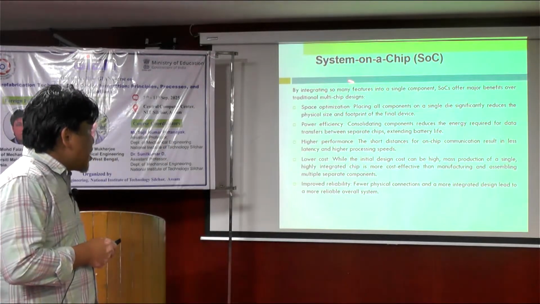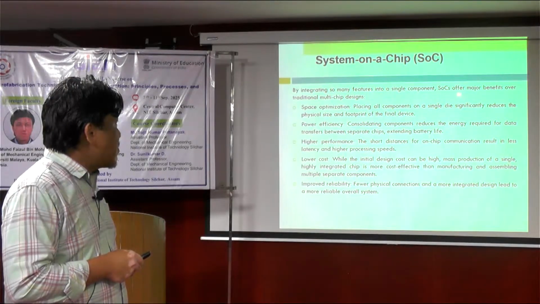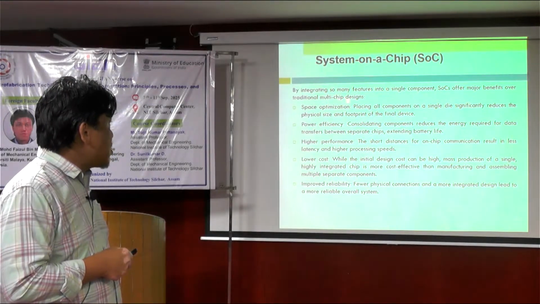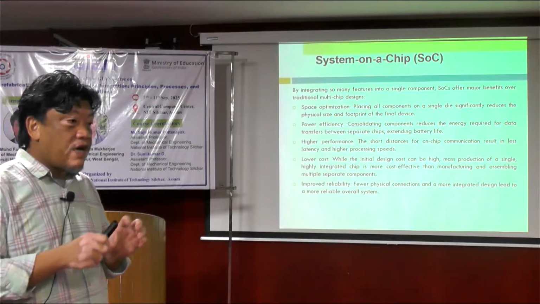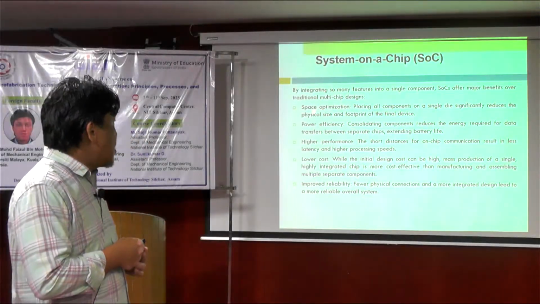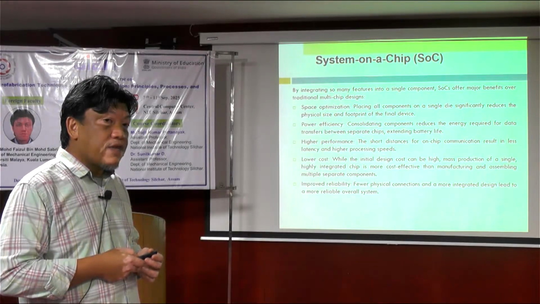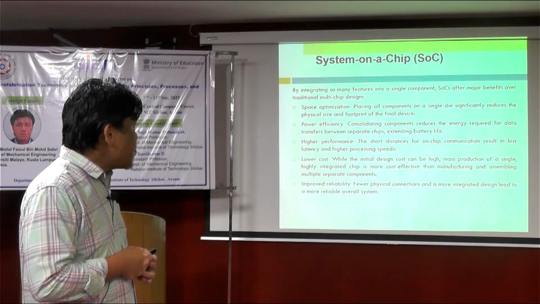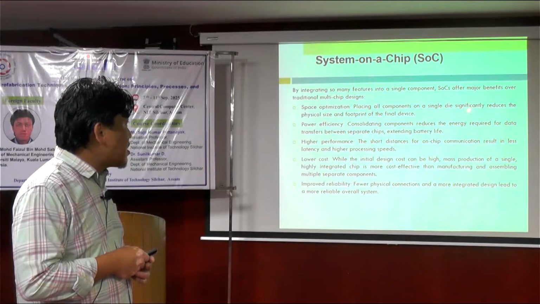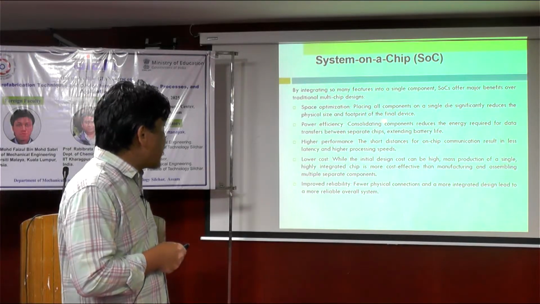And by integrating so many features in one chip, we can have major benefits over traditional multi-chip designs, instead of having every single component separately. With this kind of design, one is space optimization, which makes the device smaller by placing all components on a single die, reducing the physical size and footprint of the device itself.